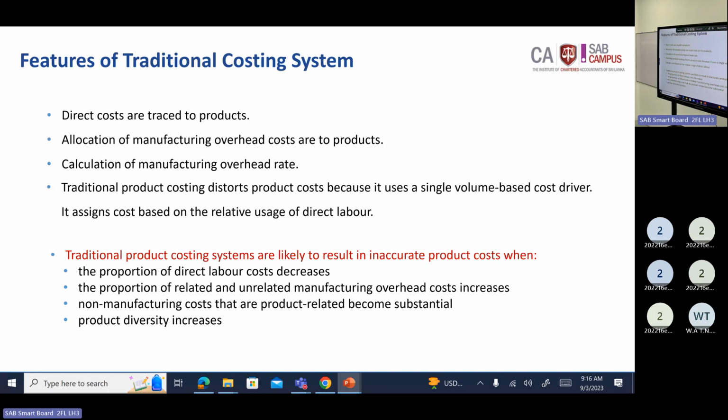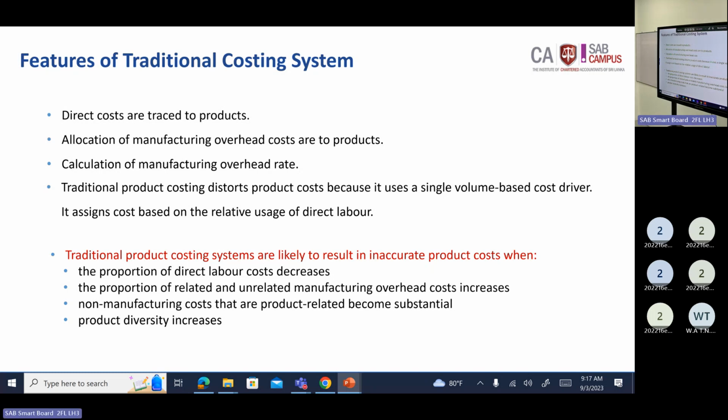Some of the overhead may be related to labor. But if you are using labor hours, that is not appropriate. Then, more importantly, the manufacturing overhead cost part is now significant, as I told you, right? This traditional overhead absorption was used earlier because out of the total cost of a product, if 80%, 85% comes from direct cost, only 15-20% is coming from overhead.